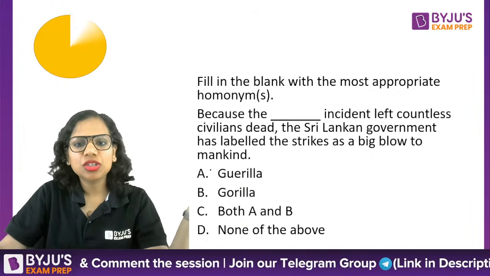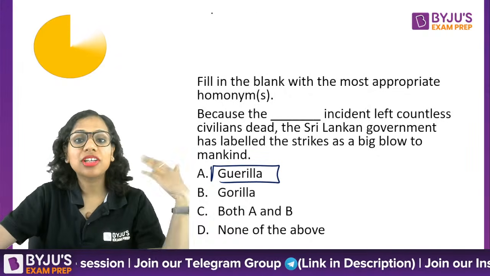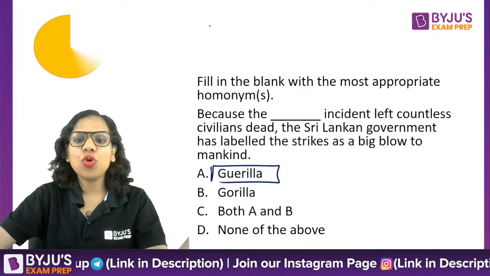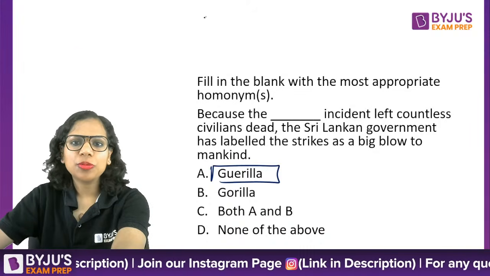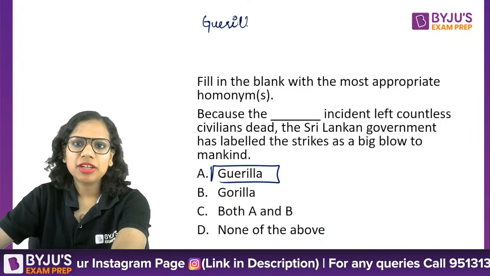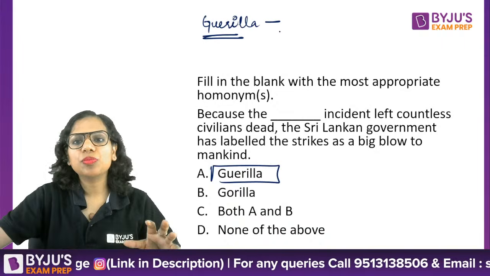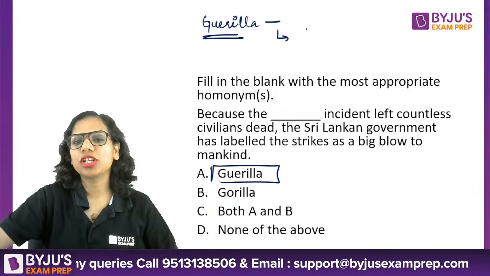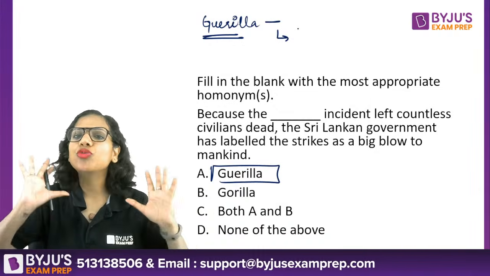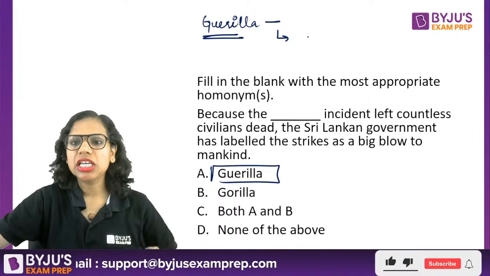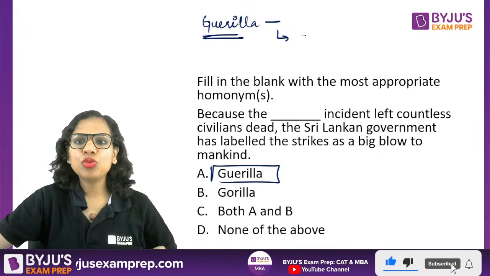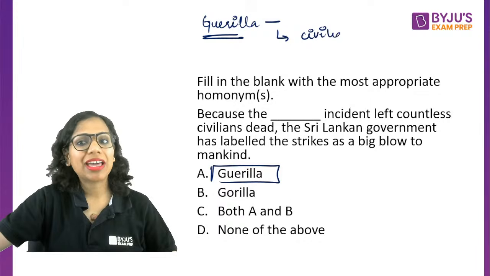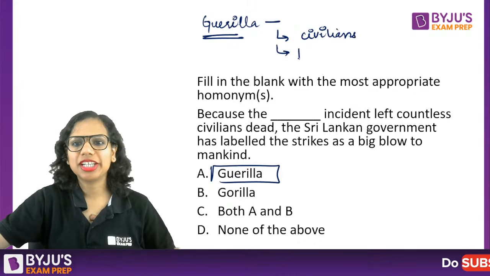I think you must have heard of guerrilla warfare, guerrilla tactics, right? You must have heard of ambush. So what happens in it? When I talk about guerrilla warfare, the people who indulge in it are not your full-fledged army, your military. These are usually people who are not trained for a war. They could be civilians, they could be paramilitary forces. So okay, they are trained a bit.